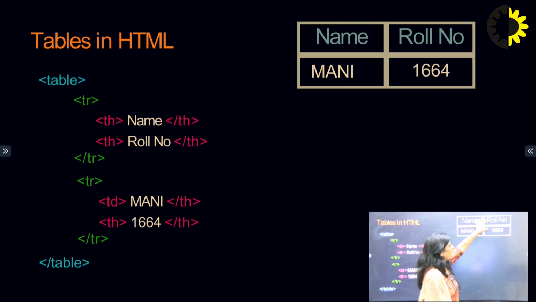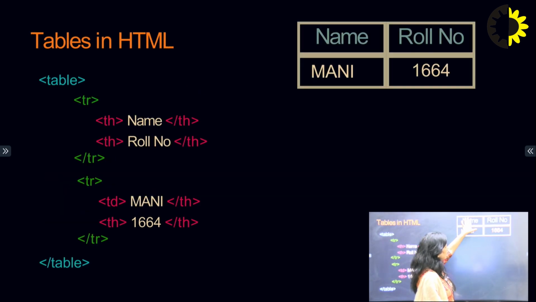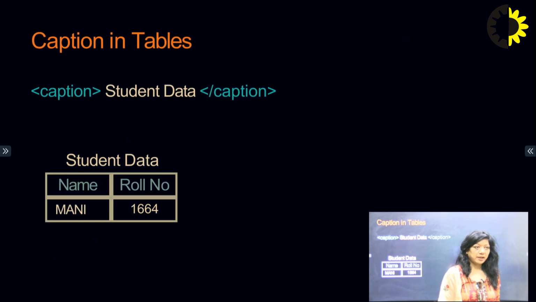Now I want to write something in the middle of this table, like table or anything. Suppose that I want to write student data. So if we want to write anything in the caption of the table, that time we use the caption tag.